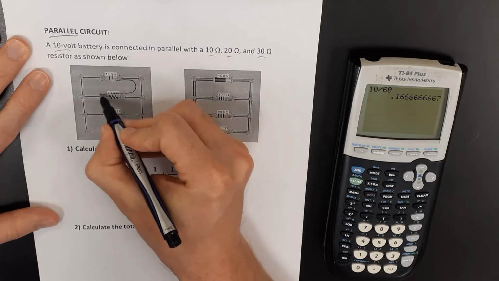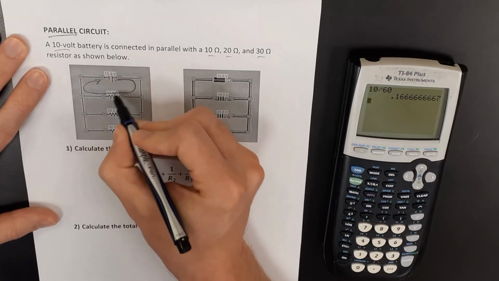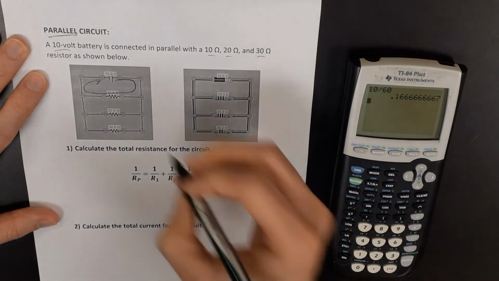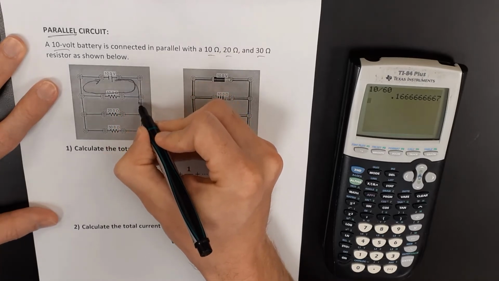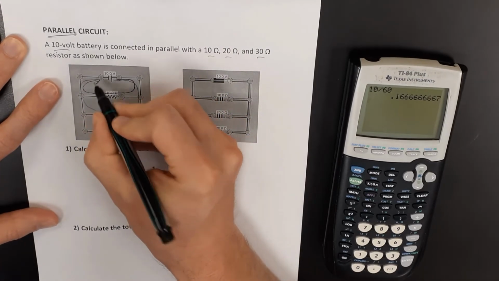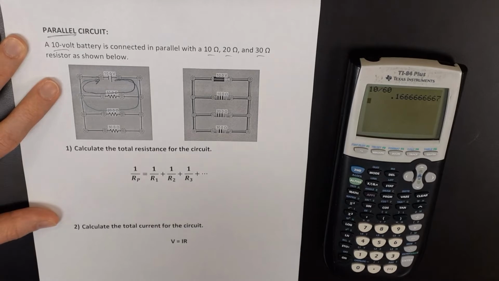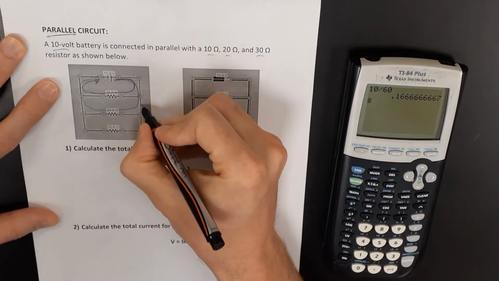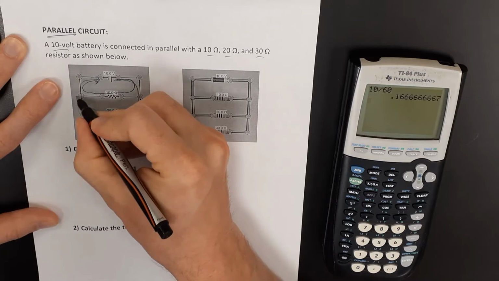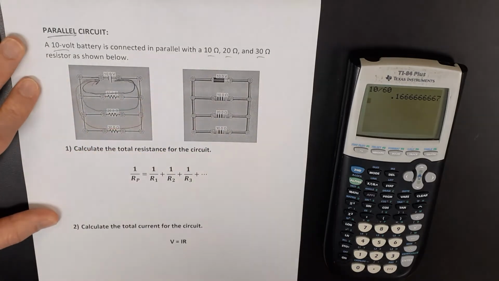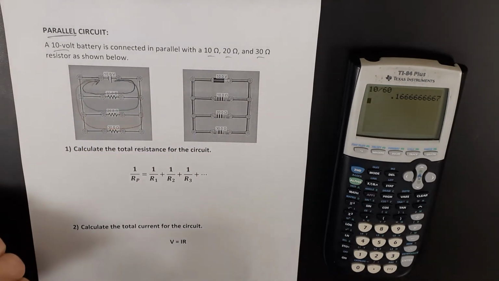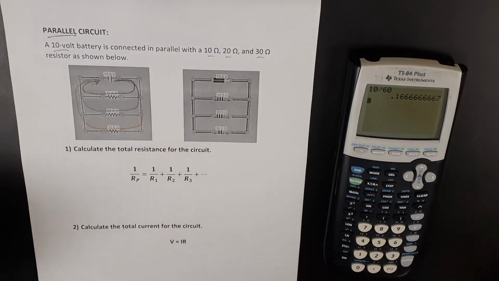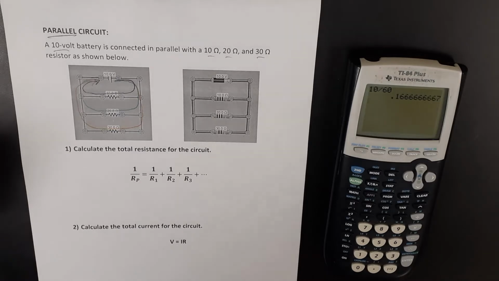The current might take the pathway through the 10 ohm resistor, some might take the pathway through the 20 ohm resistor, and some might take the third pathway through the 30 ohm resistor. The key is there are multiple pathways for the current to travel through.